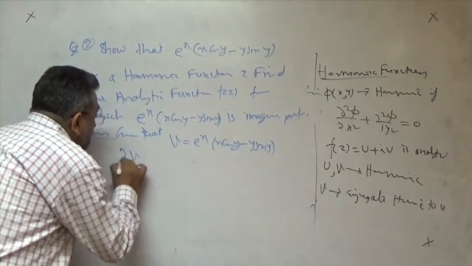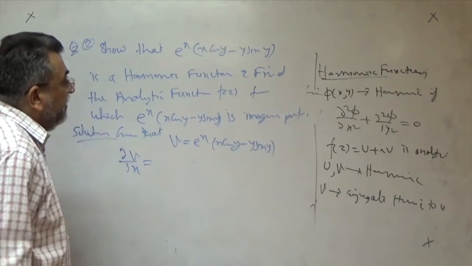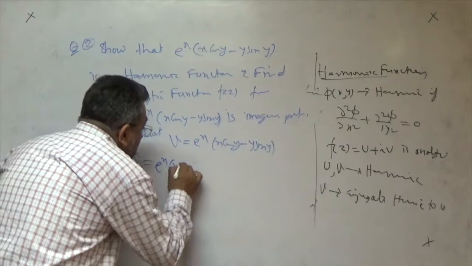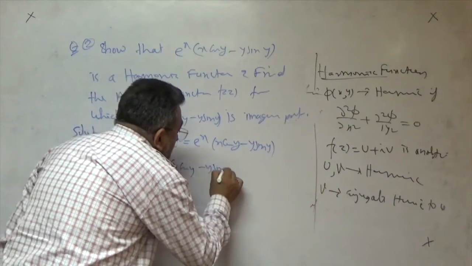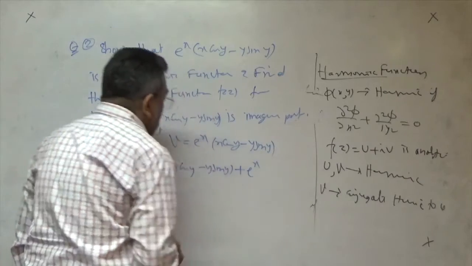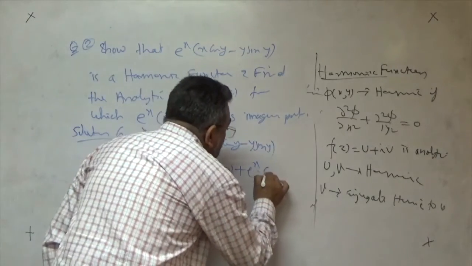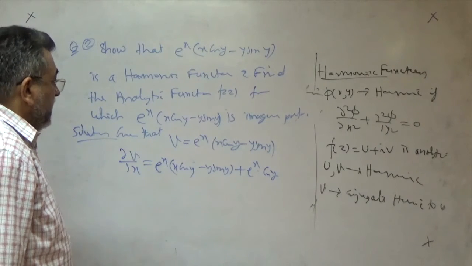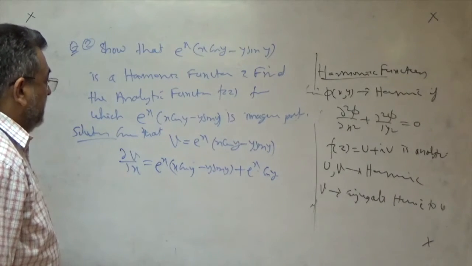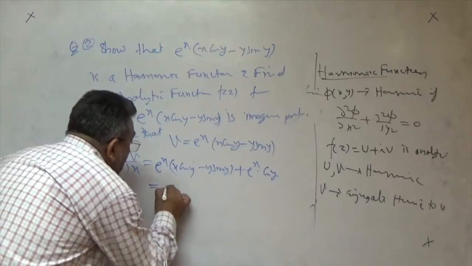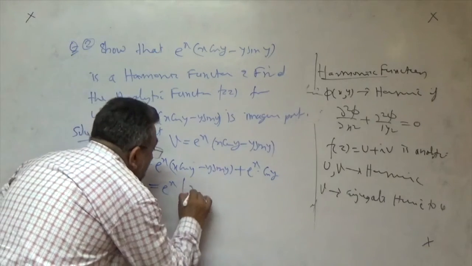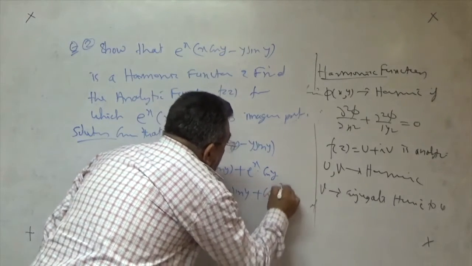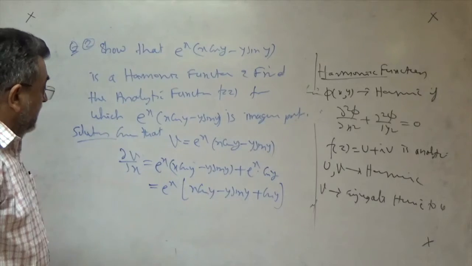So first we get del v by del x, that is the partial derivative by the multiplication rule: e to power x, this differentiation of the first function into the second function, plus the first function into the differentiation of the second function, only cos y. If you take e to power x common, this del v by del x is e to power x, (x cos y minus sin y, y plus cos y), right?